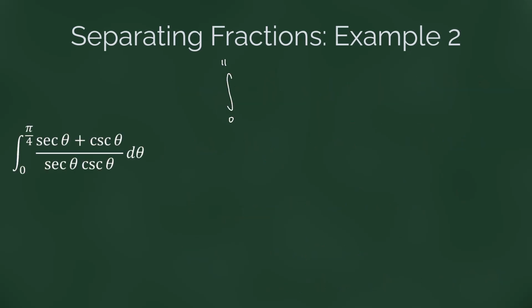We'll do a definite integral for our next example. So we're going to integrate between 0 and pi over 4. Our function looks like (secant of theta plus cosecant of theta) all over (secant of theta times cosecant theta) d theta. We're going to split that up. We'll split up our numerator, keep our denominator in both places.